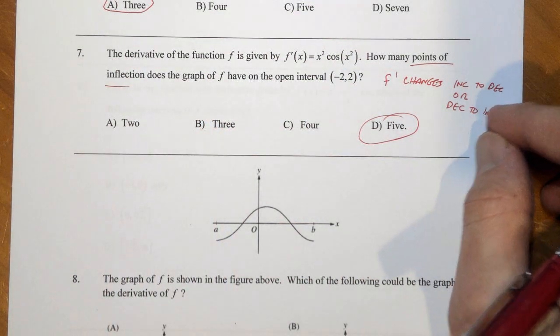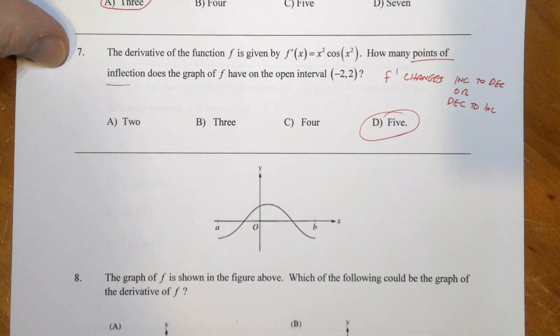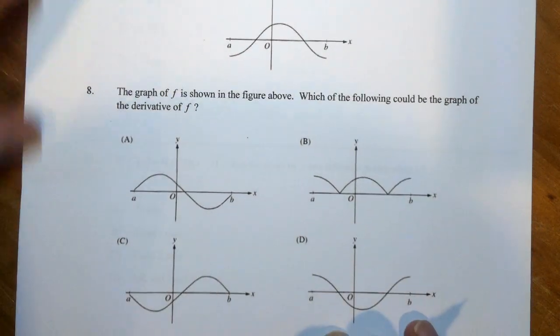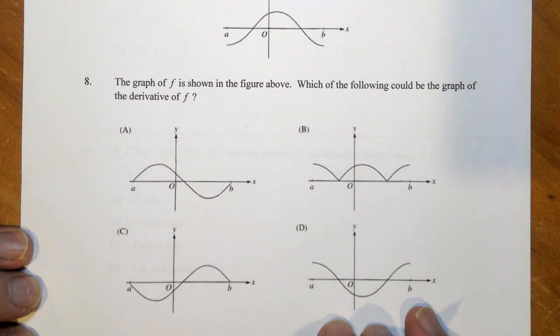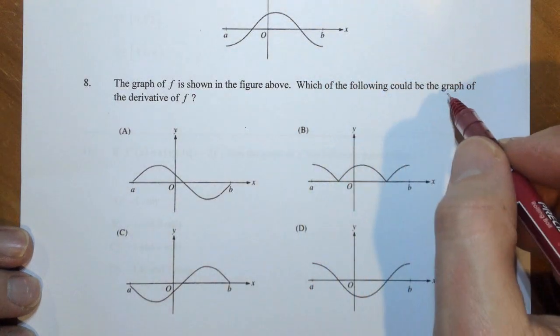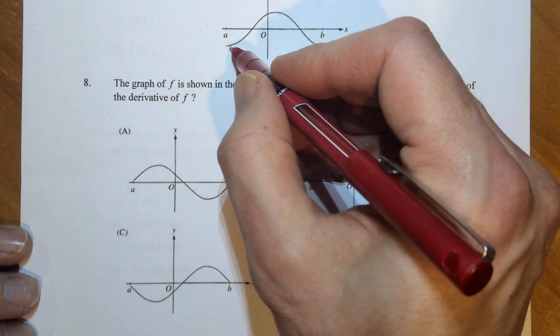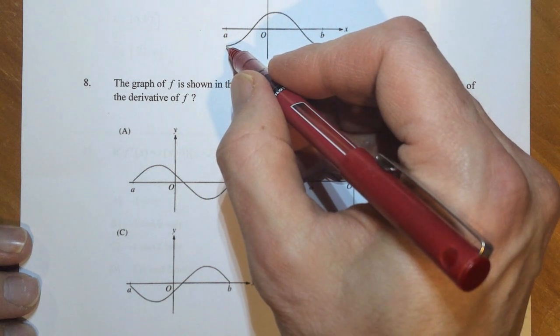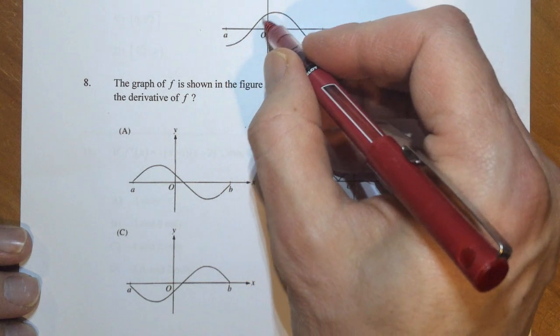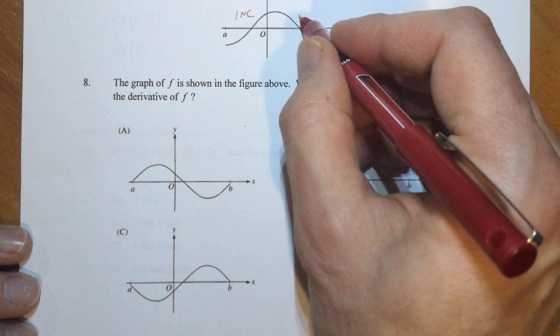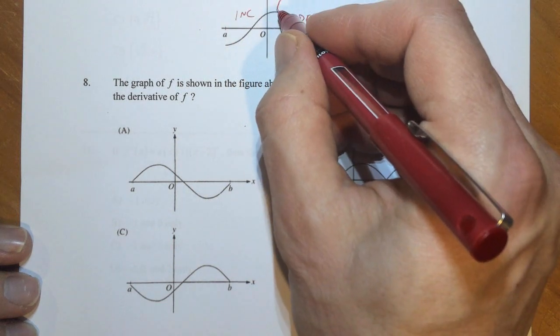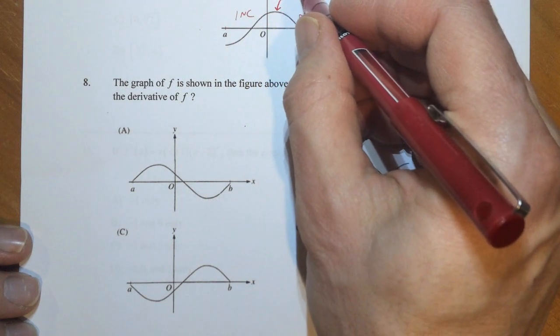That takes care of the 2 calculator problems, and we have one more with no calculator. The graph of f is shown in the figure above. Which of the following graphs could be that of the derivative of f? We have a function which is increasing and then decreasing with a relative max right about there.